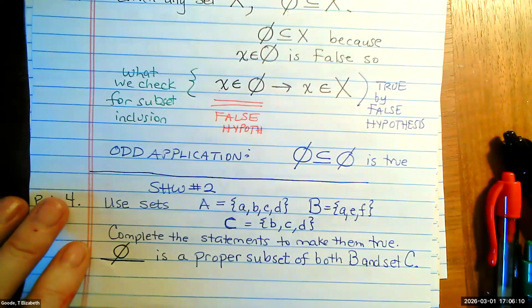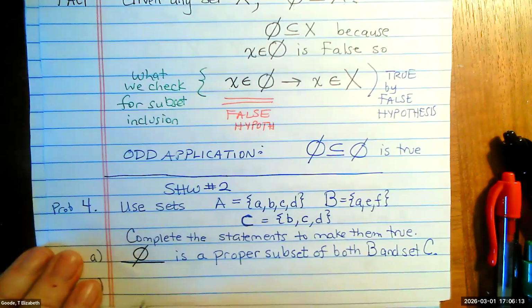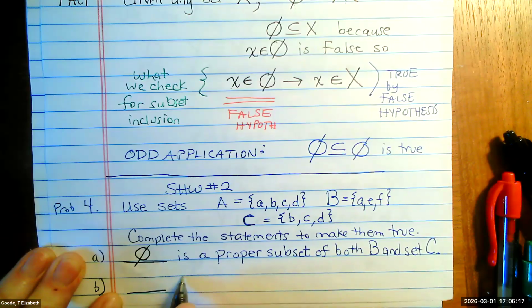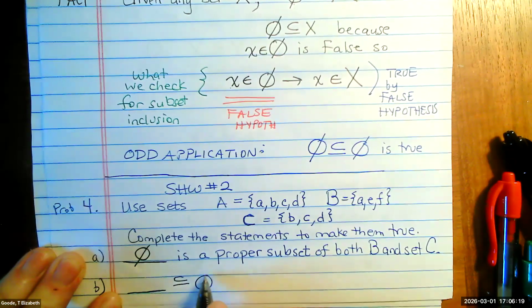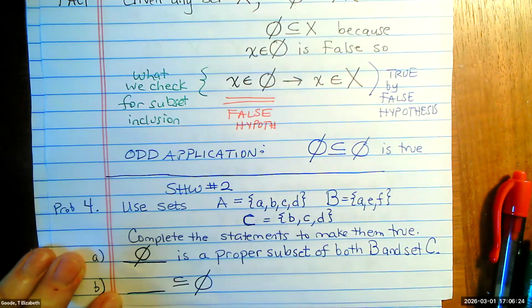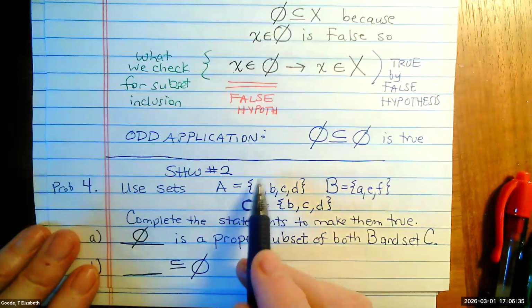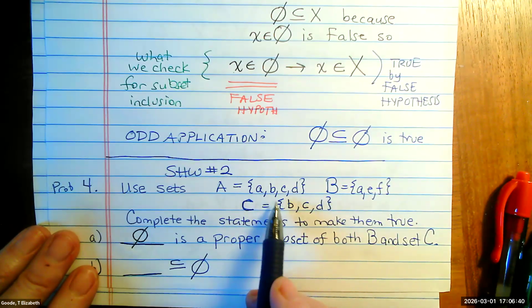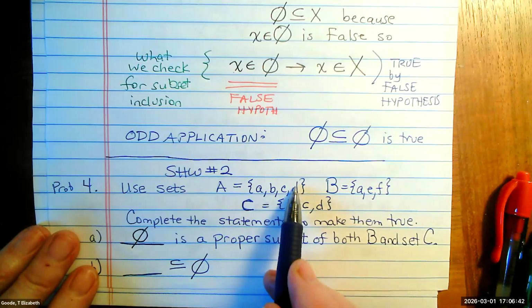And you know the answer to 4B now? Blank is a subset of the empty set here in 4B. What could it be? A? Well, A has 4 elements. Is A a subset of the empty set?